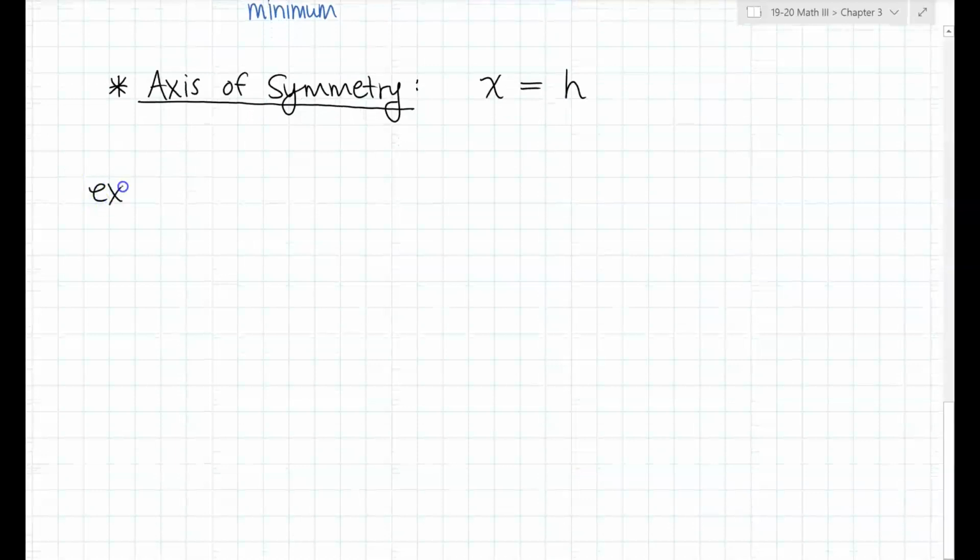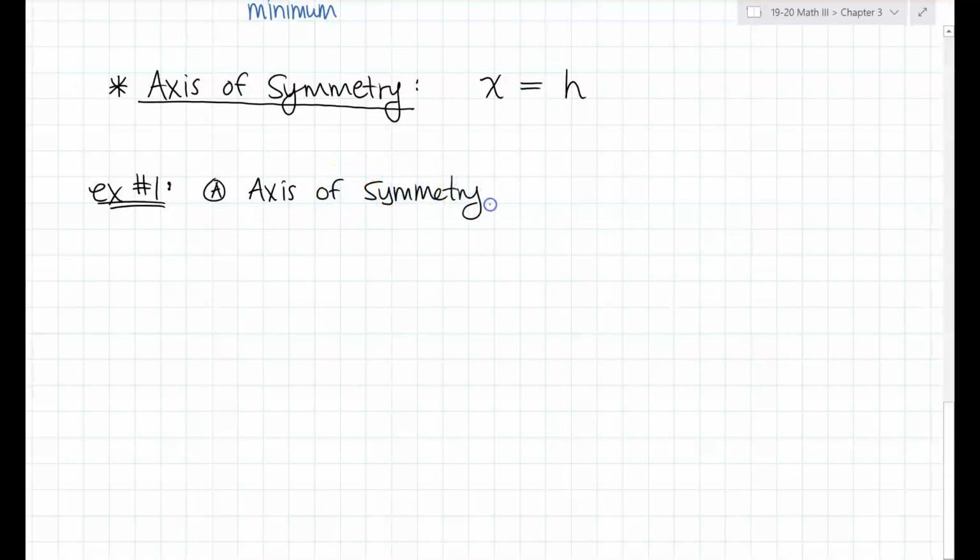But here's example number 1. And this is what they're going to want on your homework. So I'm going to kind of list it. They're going to want A, the axis of symmetry. B, they're going to want the vertex. By the way, the axis of symmetry, you might see it abbreviated as AOS.